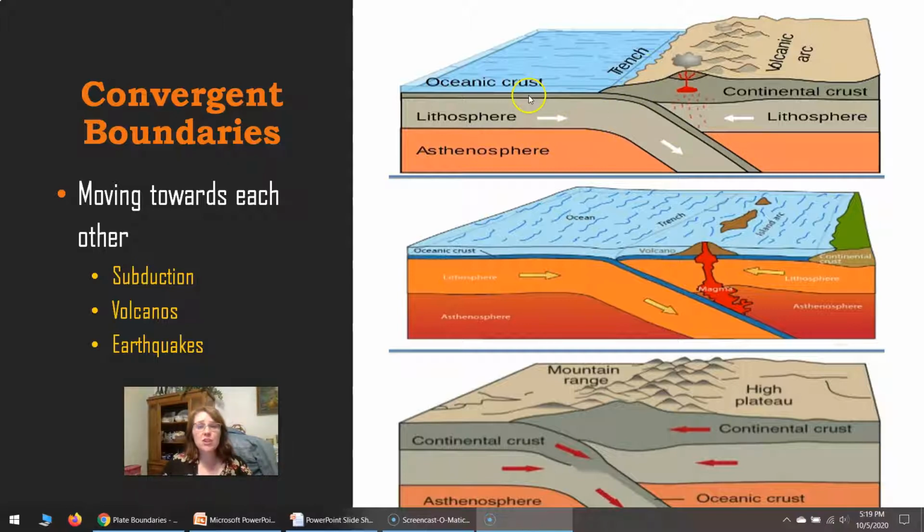Even though oceanic crust is very thin, you can see this darker gray layer here compared to continental crust, it still is heavier and more dense, and so it'll still go under the continental. And where that happens, a little while offshore, you get a trench, and those are the deepest parts of the ocean.